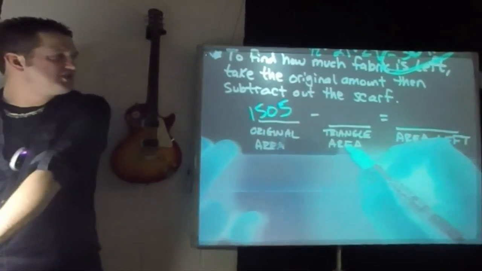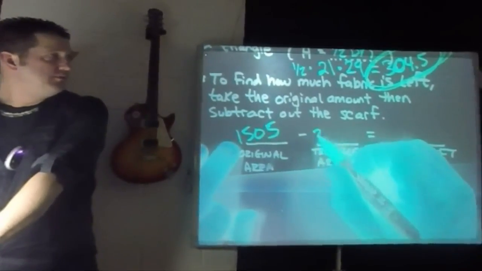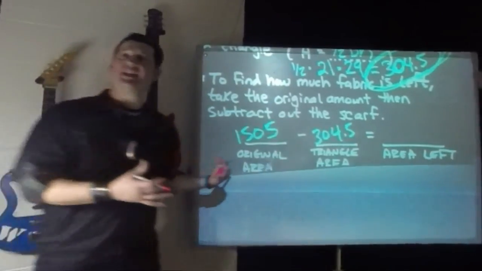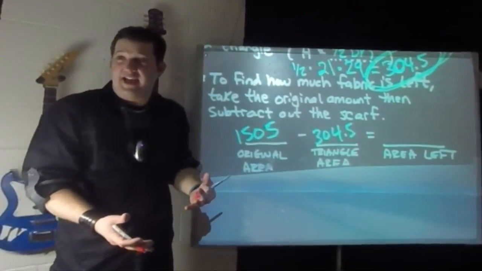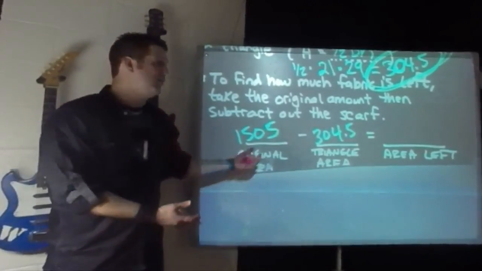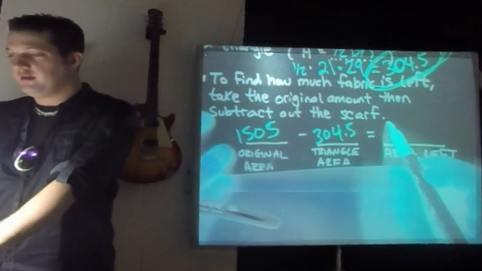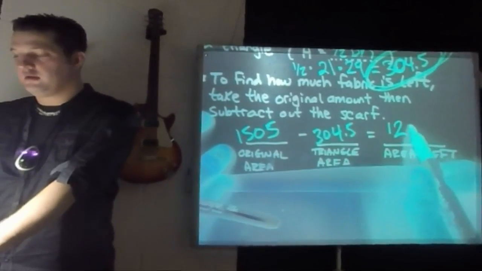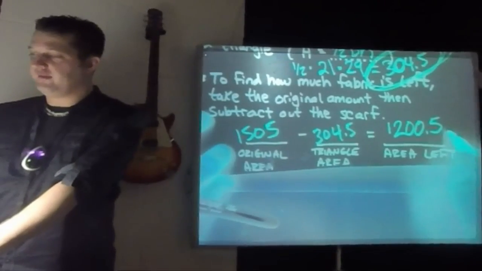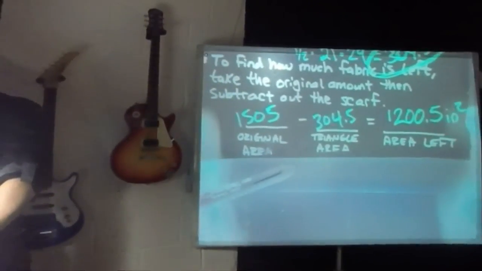When we made ourselves a scarf, we took out 304.5. Sometimes we want to know how much is left, so maybe we can calculate how many more scarves we can make, or what else we can do with the fabric. So you calculate this up, and we get 1,200.5 inches squared. So that's what you're left with.